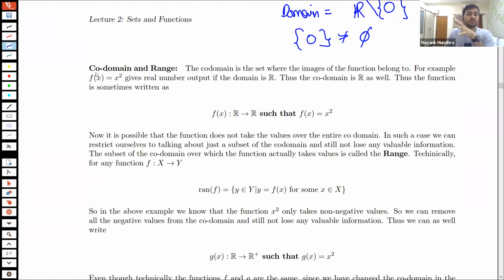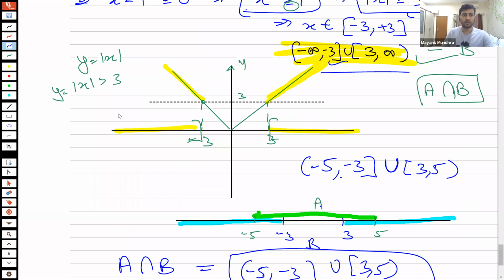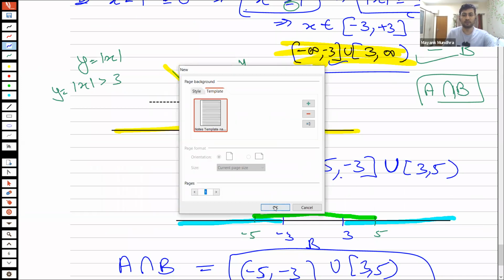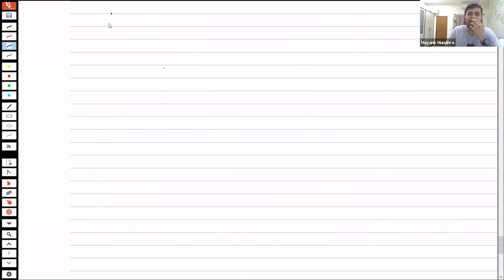The other part is codomain and range. The range is that part of the codomain which is active. Suppose I define a function from R to R as f of x equals x squared.